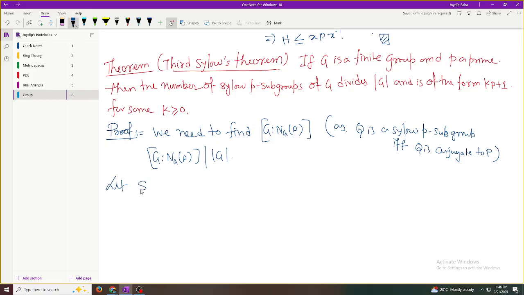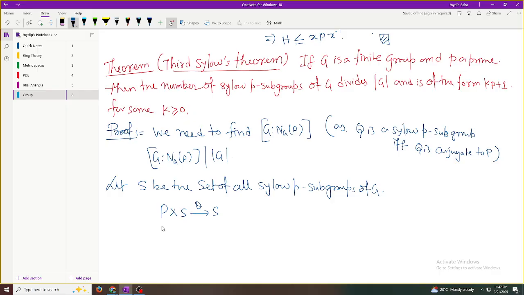Let S be the set of all Sylow P subgroups of G. P cross S to S, theta.